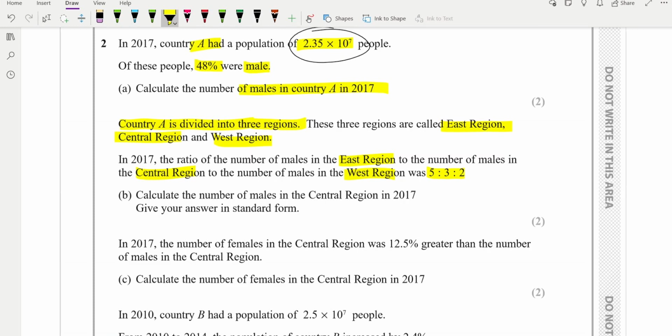So Eastern, Central, and Western ratio is this one. Calculate the number of males in the Central region and give your answer in standard form. So B part, we have to check for this ratio, 3 out of 3 plus 5. So the sum of ratios we will calculate first.